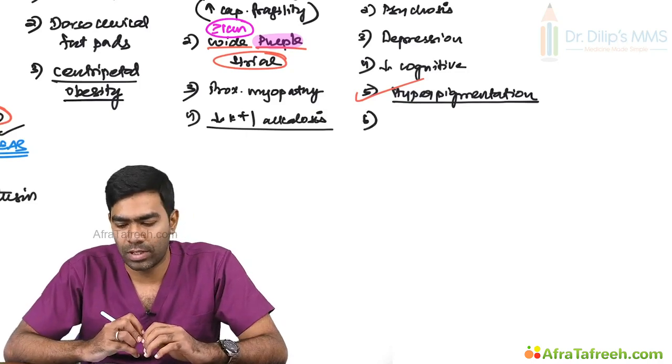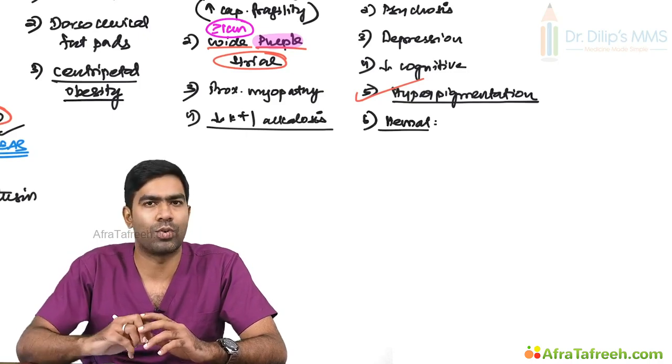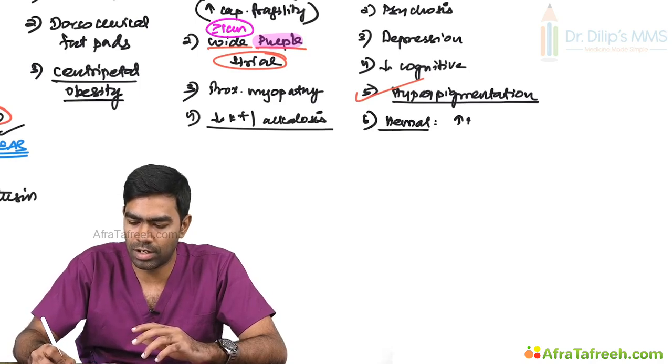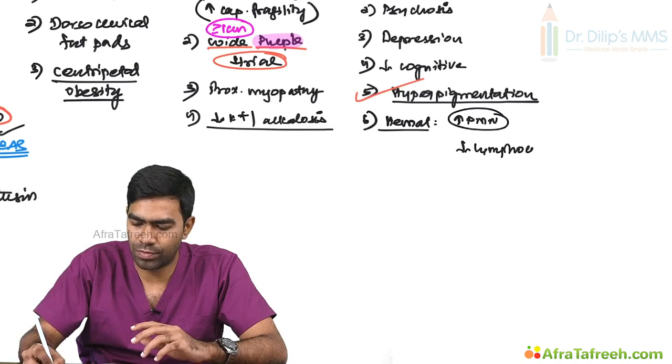Apart from that, they may have a multitude of hematological effects which are not so specific for Cushing's, but still you might get them. For example, neutrophilia, lymphopenia, and eosinopenia.